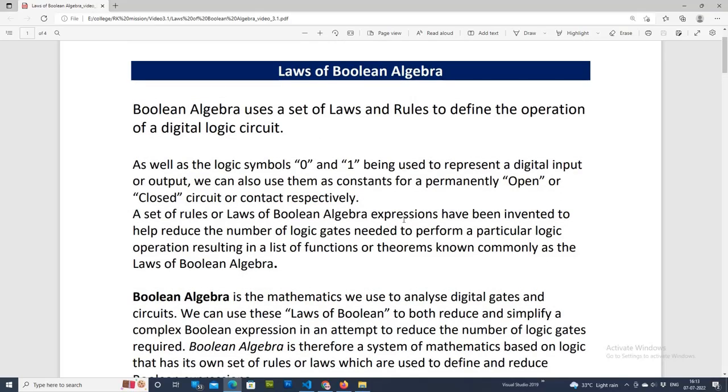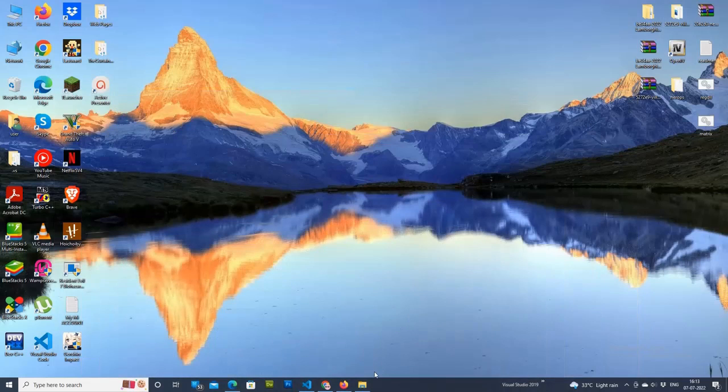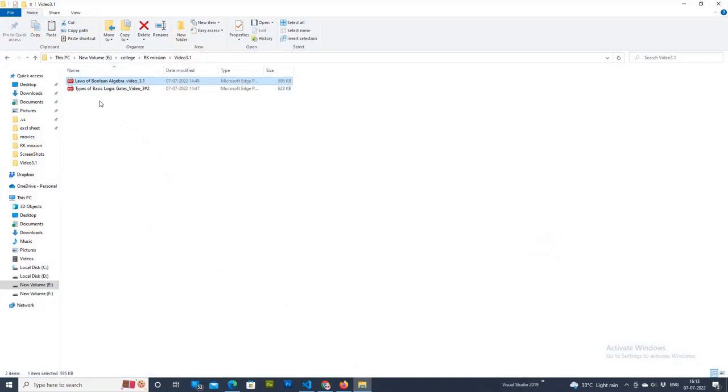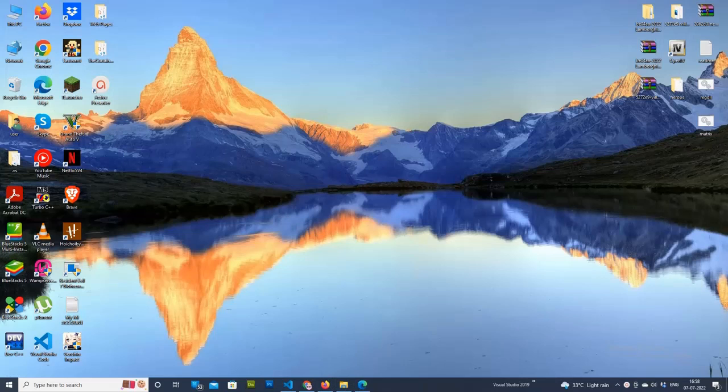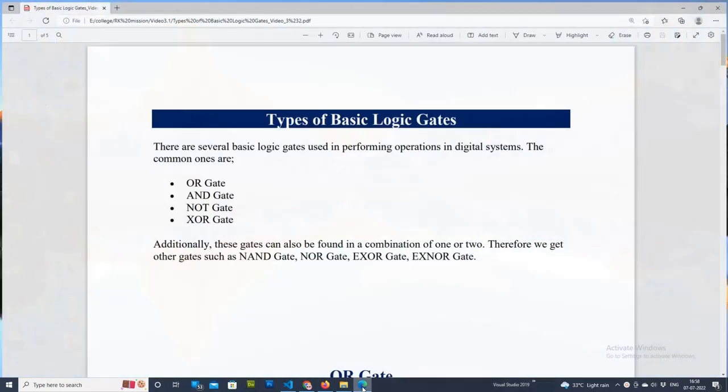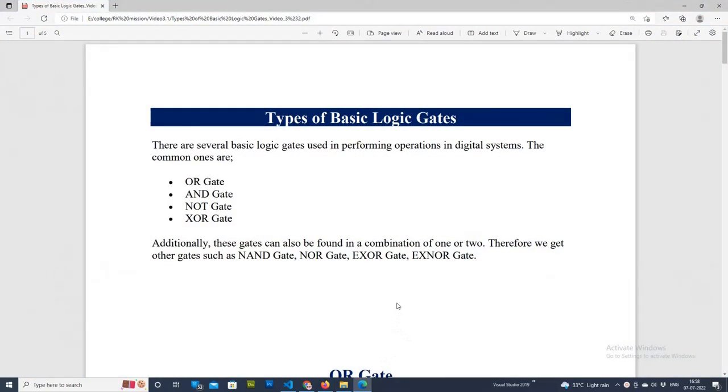Now we will learn about the types of basic logic gates. There are several basic logic gates used in performing operations in digital systems.